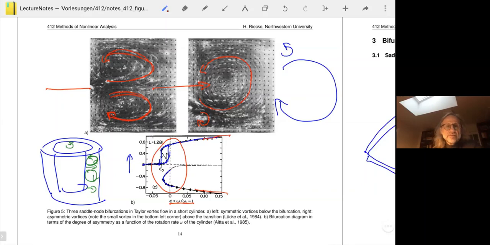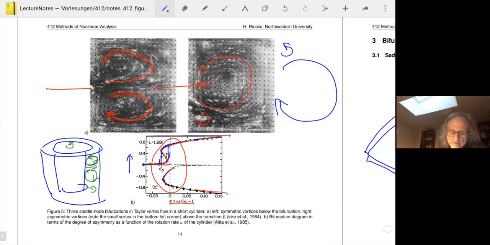It's just an imperfection in the experiment, which leads to the fact that the basic state here, the symmetric state, which becomes unstable at epsilon equals 0, well, actually, because of this imperfection, it doesn't even exist anymore. And instead, you get this deformation of the pitchfork bifurcation into two saddle node bifurcations and another one here.